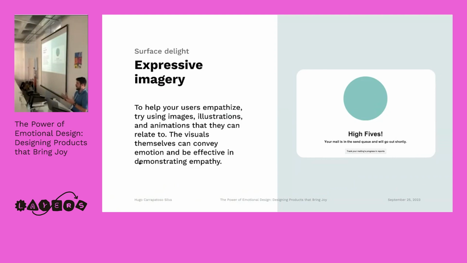So this immediately gives us empathy with the user and also brand personality, right? And this is of course the old branding, and they used to use these mascots to give these moments of illustration with animation. But you can all relate to this, right? Everyone has done a newsletter once in a while, so we really know what to expect of this, and it really creates empathy with the user.